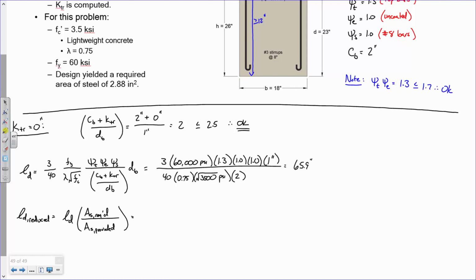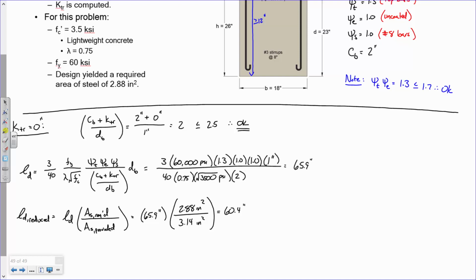In other words, I got that 65.9 inches, but this is for a beam that needed 2.88, and I provided 3.14. 60.44, so we'll say 60.4.